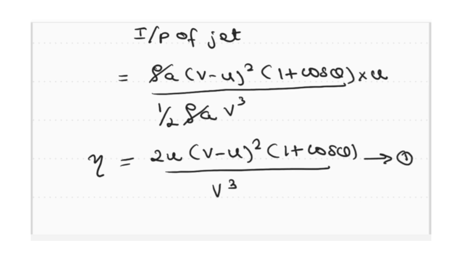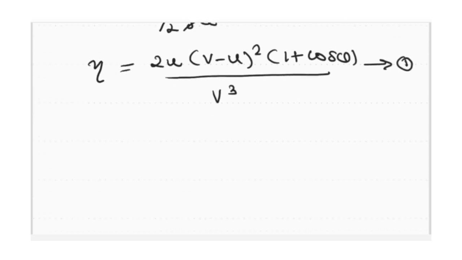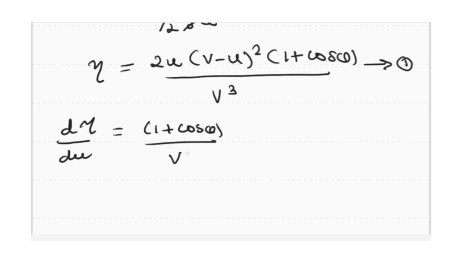I will differentiate with respect to plate velocity u. So d by du of eta is equal to, taking the constant things outside, (1 plus cos theta) is constant here and V cube is constant here, and whatever is left is d by du of 2u into (V minus u) whole square.